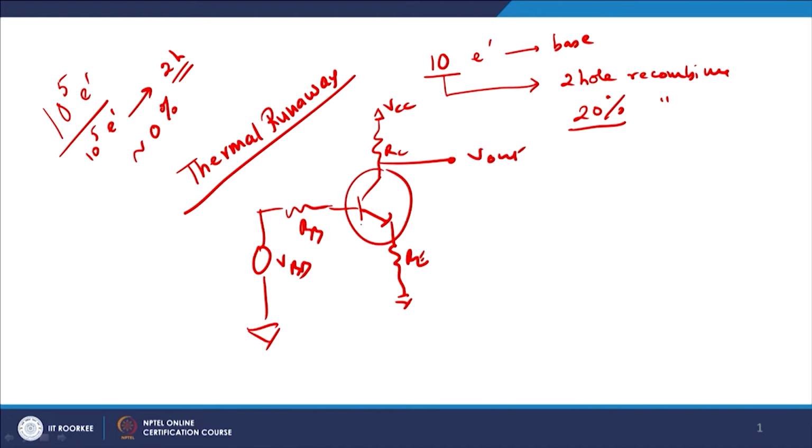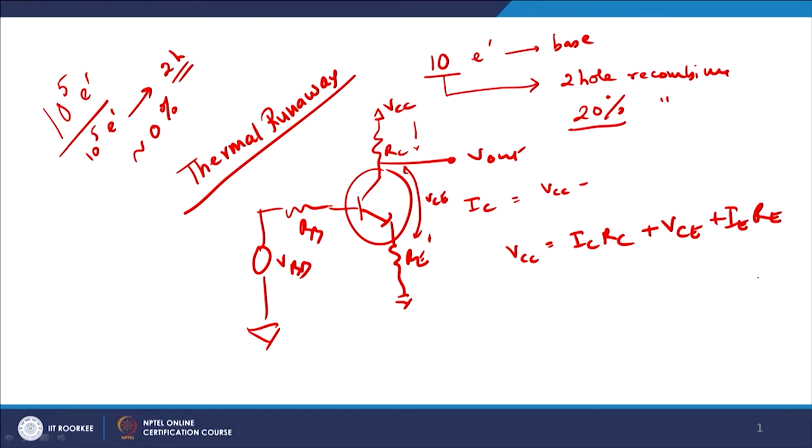Now, in this case IC can be given as follows. If you solve from this end to this end, assuming that IE is the current, VCC will be equal to IC RC plus VCE plus IE RE.